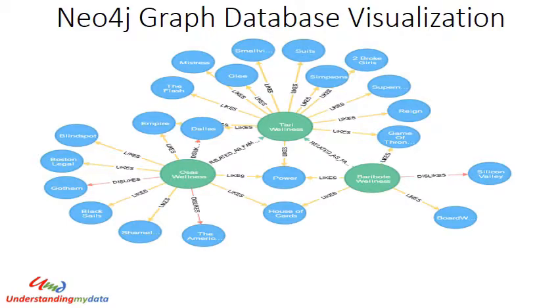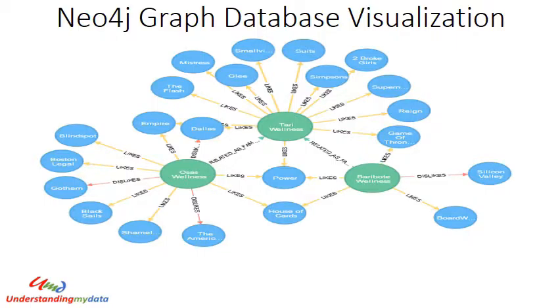This is a database visualization of graphs within Neo4j. Here you can see the nodes and you can see the relationships. Osas Wellness likes Boston Legal. Osas Wellness dislikes Gotham.